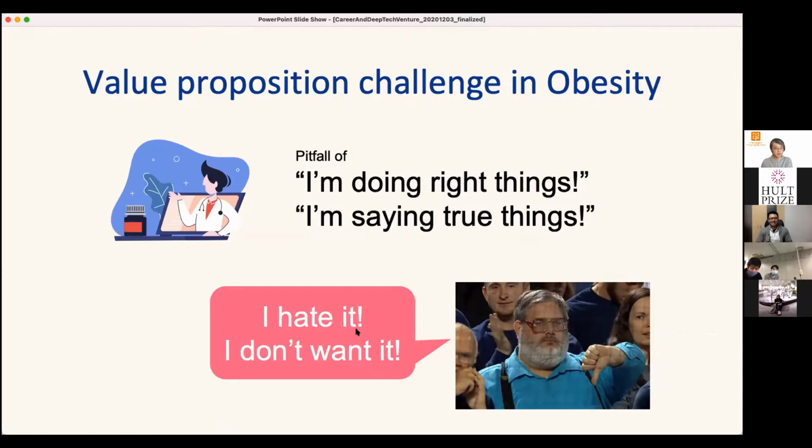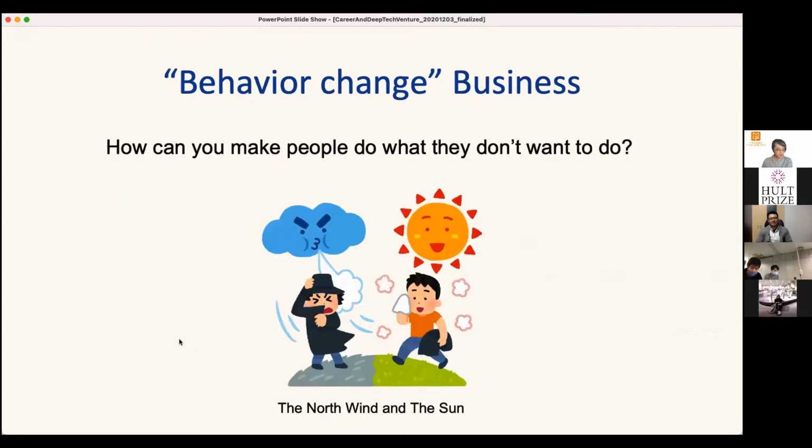This is the big problem for this type of business, the so-called behavior change businesses. You want your customers to change their behaviors and get some gains, but changing behavior is very painful. So how can you solve it?